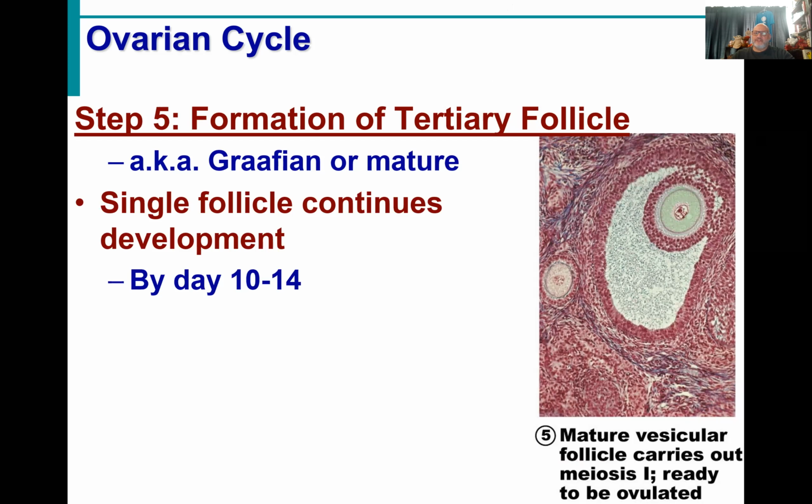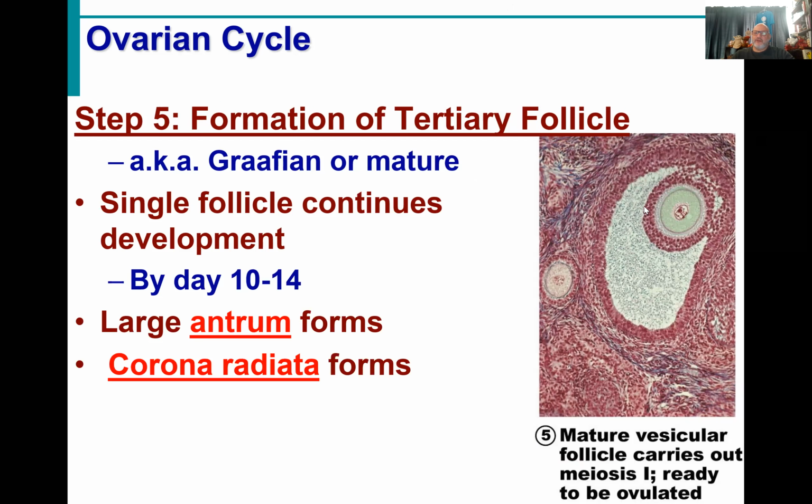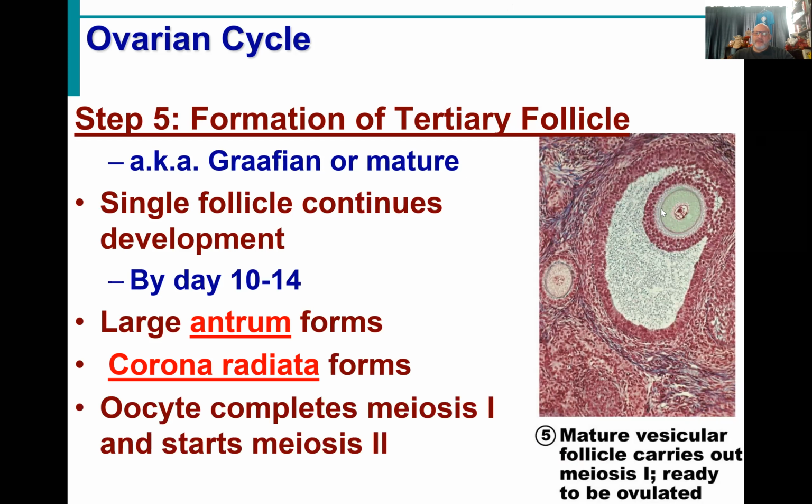This usually occurs about day 10 to day 14. We have the big, huge fluid-filled antrum that is formed. We now have the formation of our corona radiata. We can clearly see the zona pellucida and all those things. And again, now we have our secondary oocyte frozen in metaphase 2.